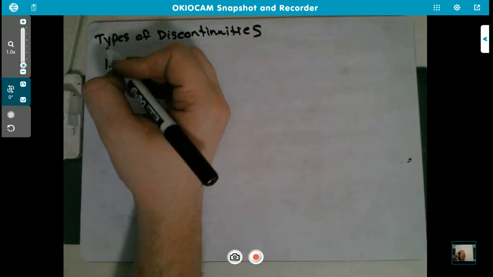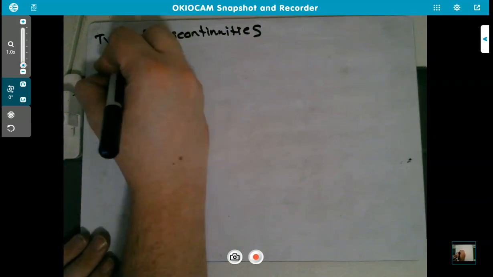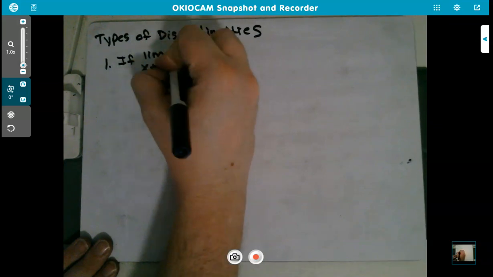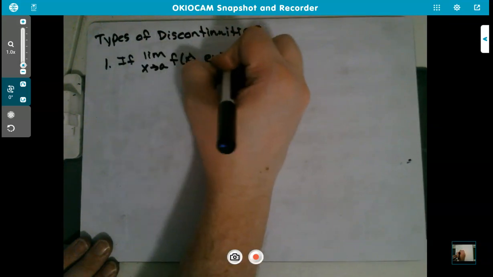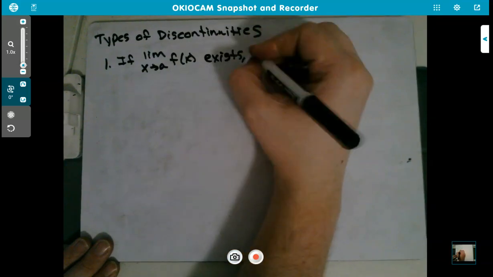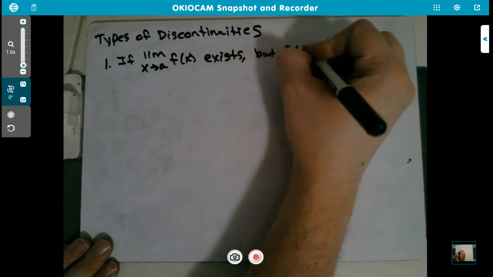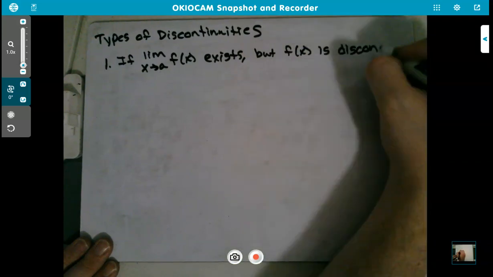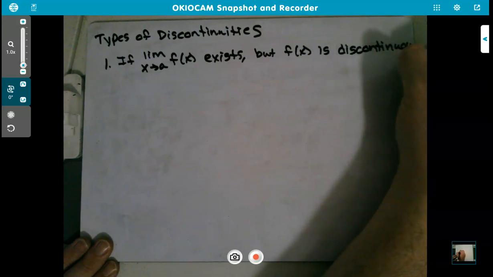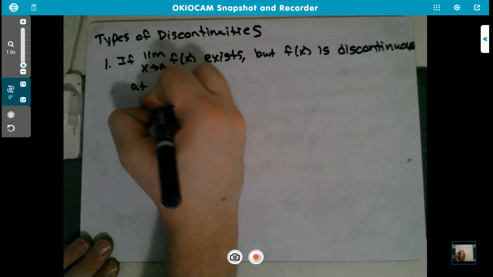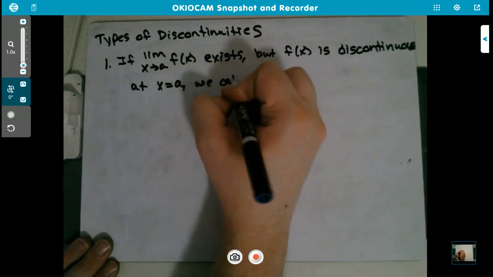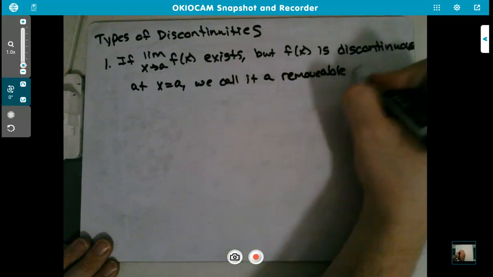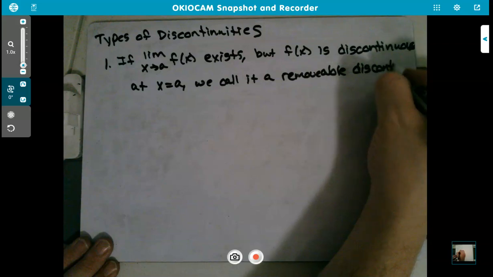The first one is if the limit as x approaches a of f of x exists, but f of x is discontinuous, that's a hard word, discontinuous at x equals a, we call it a removable discontinuity.